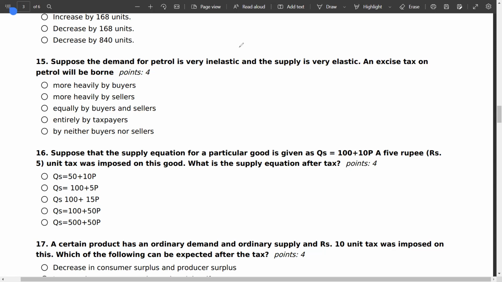Taxpayers in the sense it can be the buyers or the sellers. In this case, it's an excise tax. So the question is pretty much about tax incidence. Who will bear most of the share, or will they be bearing it equally, or will only one party bear it?